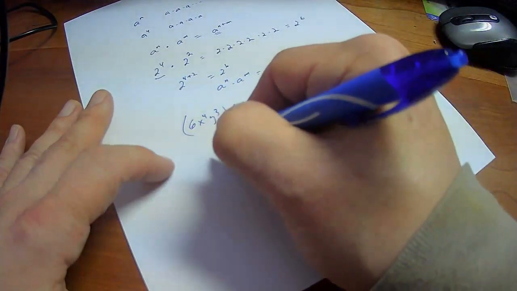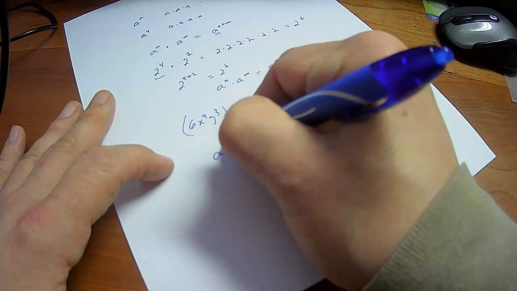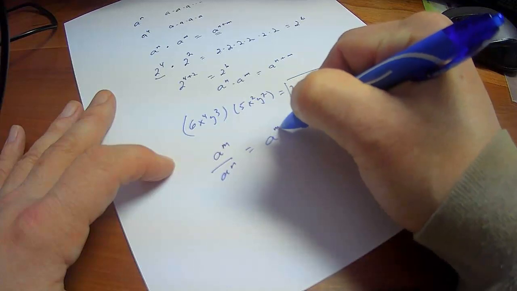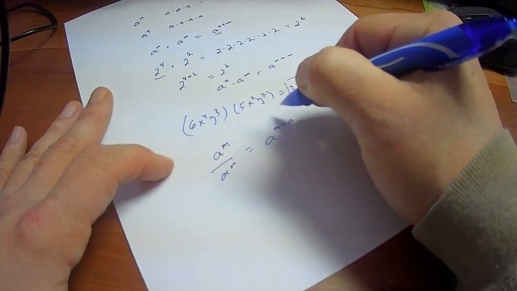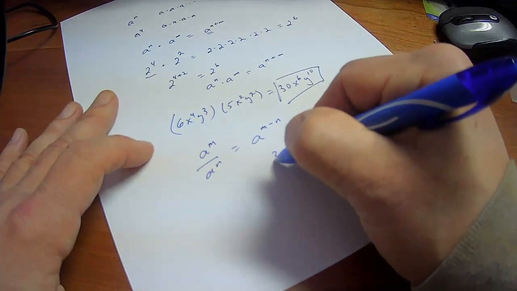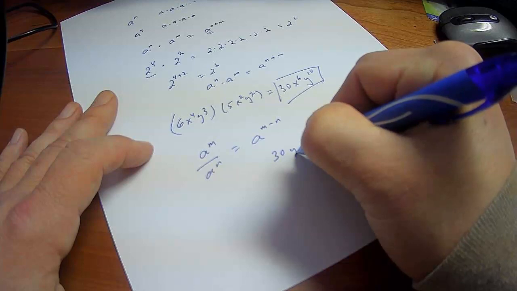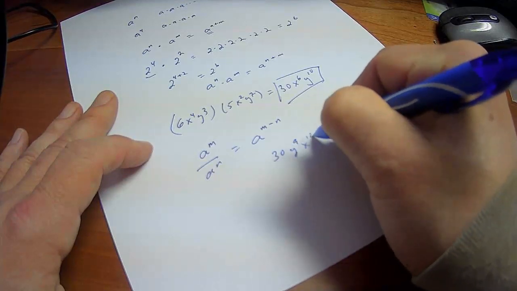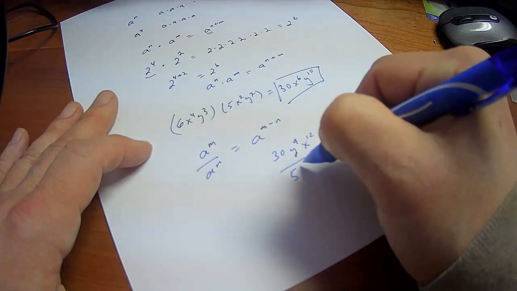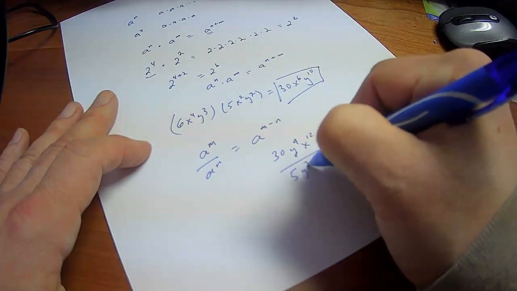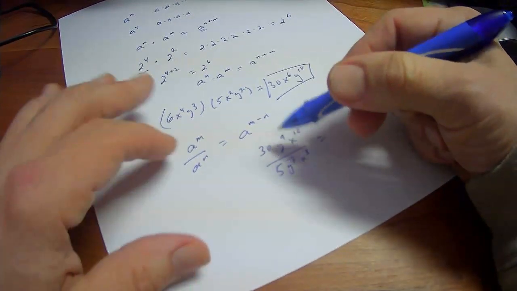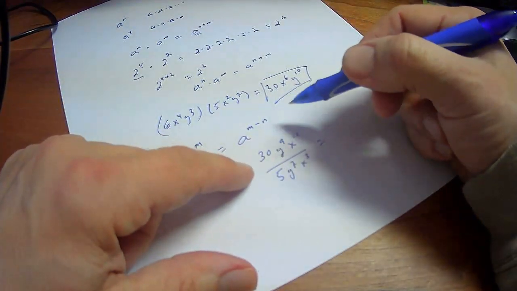So that's the product rule. Quotient rule is very easy. Quotient rule is just a to the m divided by a to the n is equal to a to the m minus n. So you can have a rather sophisticated looking problem. Let's say I've got 30 y to the 9th x to the 12th over 5 y to the 7th x to the 3rd, and then we just go ahead and we do it one piece at a time.